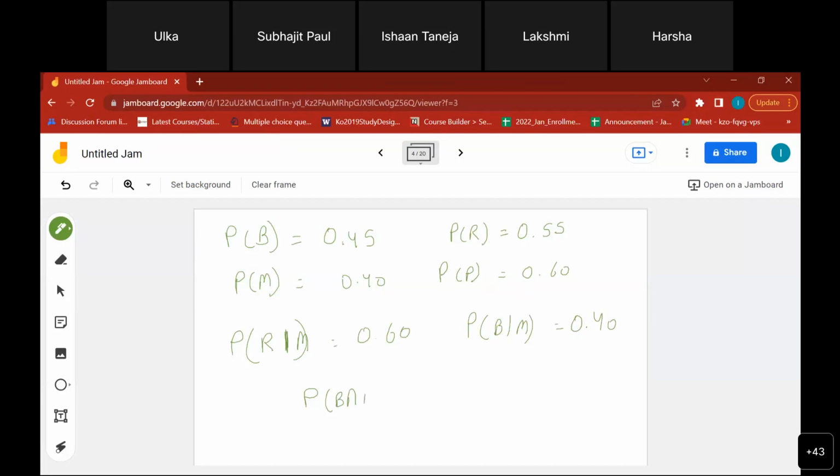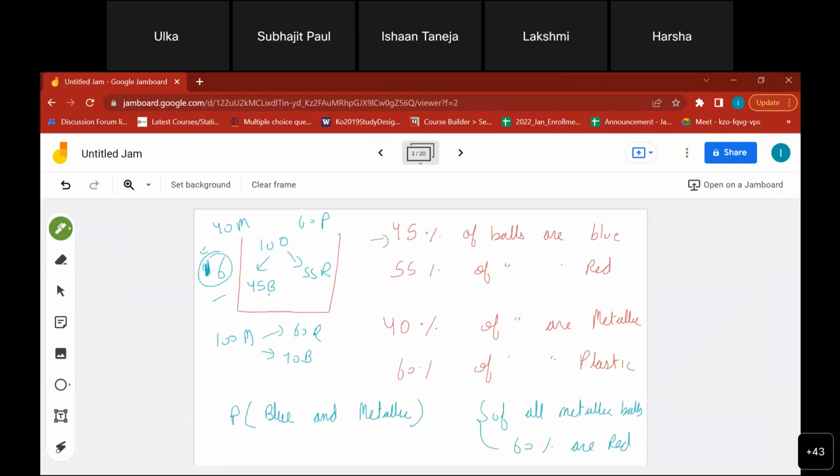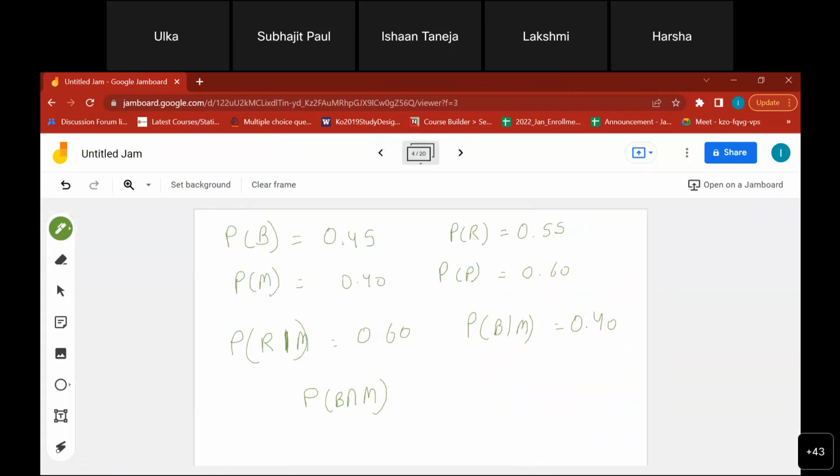It means B intersection M, right? Yes, that's what blue and metallic means. So we can write it as P of B given M times probability of M, which is nothing but 0.40 times 0.40, 0.16, right?